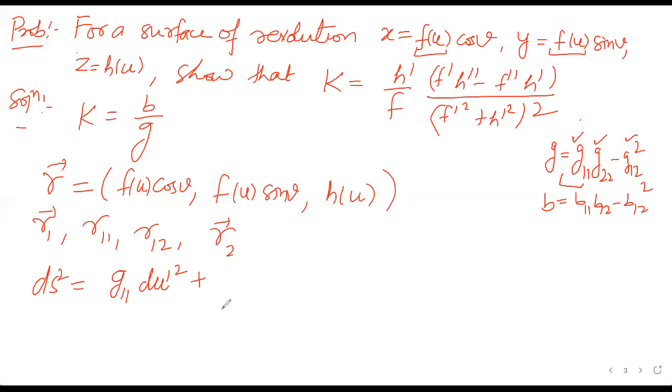फर्स्ट फंडामेंटल फॉर्म फॉर सरफेस ऑफ रेवोल्यूशन. This I have already calculated. So it was coming, चलो ये आप it will be 2G12 du1 du2 plus G22 du2 square. ठीक है. तो when you will calculate this G11 निकल आएगा आपके पास. इससे हम कैलकुलेट करेंगे.